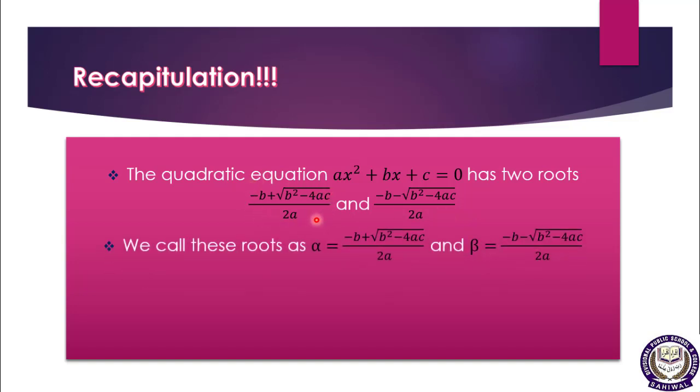For convenience, we call these roots alpha and beta. If one is called alpha, then the other will automatically be called beta.